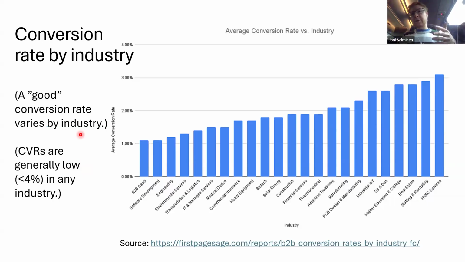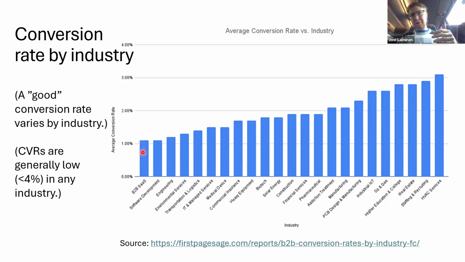But these conversion rates are good to know if you're in a specific industry, what is the average conversion rate, just so that you could benchmark. Okay, our conversion rate is 2.5, so is it good? Okay, we are in B2B SaaS business, so based on this information, it looks like we are much higher than the average. So actually, we are doing pretty well on conversion.